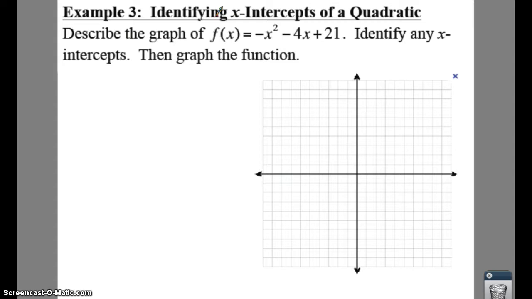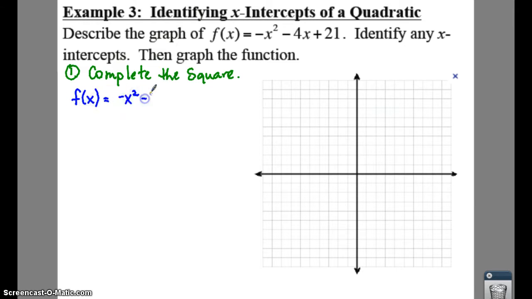The first thing we're going to do is rewrite this equation in standard form. So we need to complete the square. If we complete the square, we're going to start off with f of x equals negative x squared minus 4x plus 21.